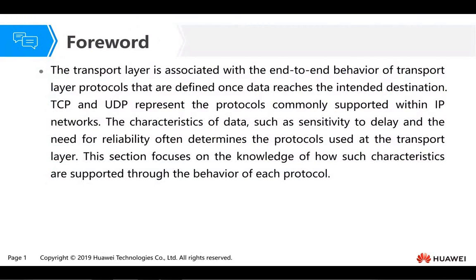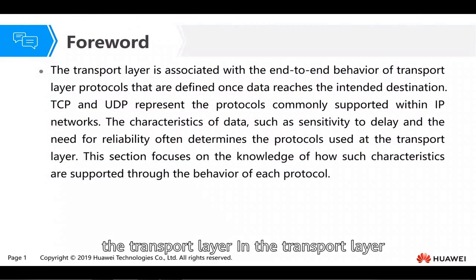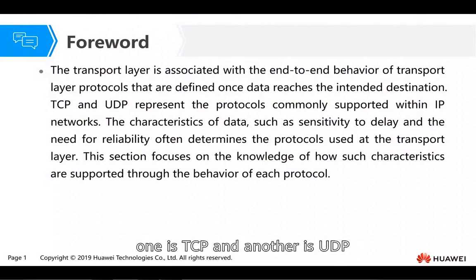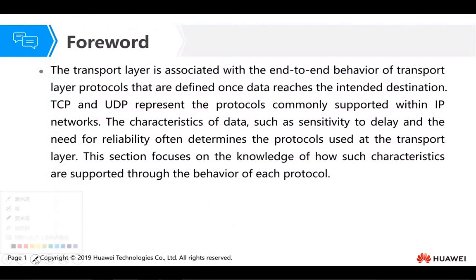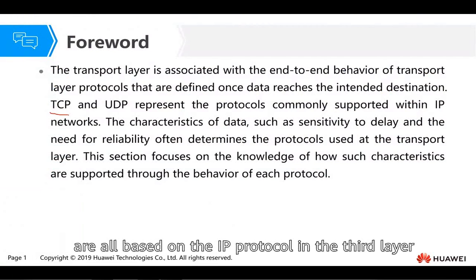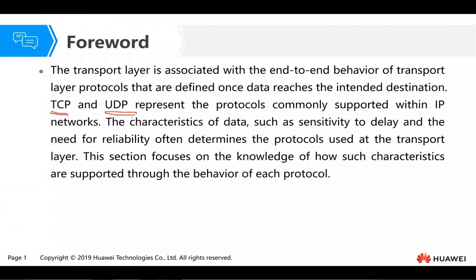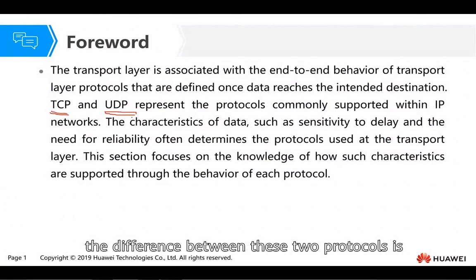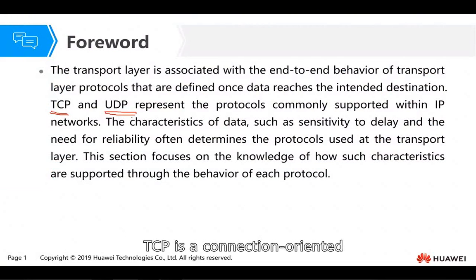Now, we come to the fourth layer, the transport layer. In the transport layer, there exist two famous protocols. One is TCP and the other is UDP. These two protocols are both based on the IP protocol in the third layer. The difference between them is that TCP is connection oriented.